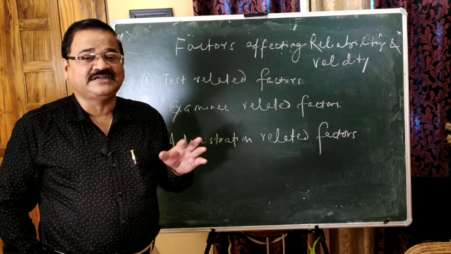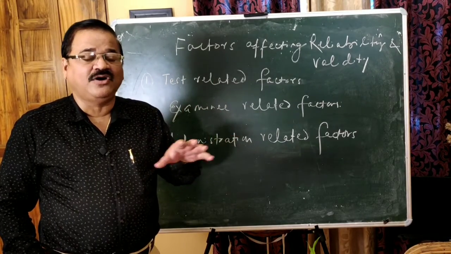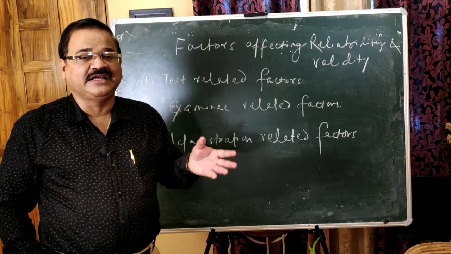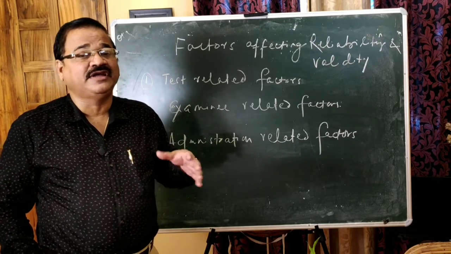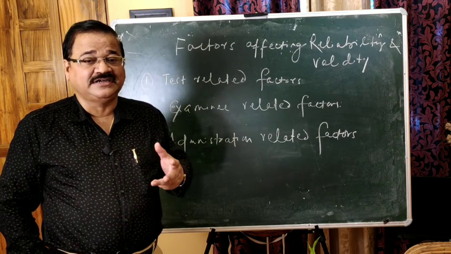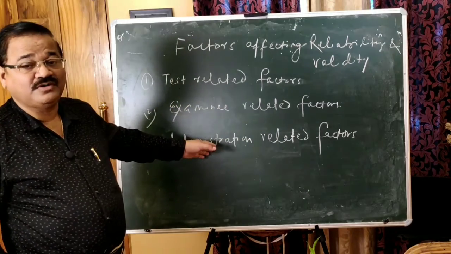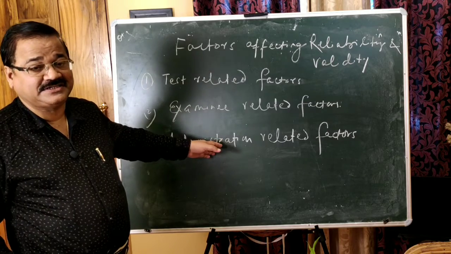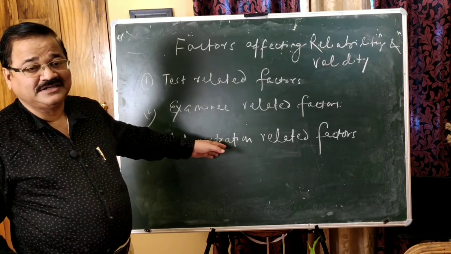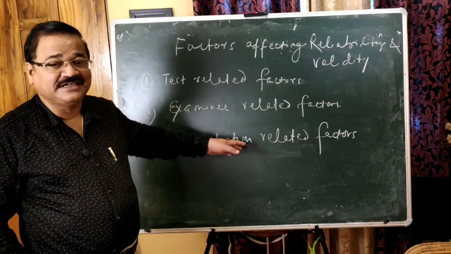The sitting arrangement, ventilation, light and all other conditions should be similar in both tests in case of reliability. So how it is administered and also how it is scored, how the examiners score, they must score accurately, there should not be subjectivity.